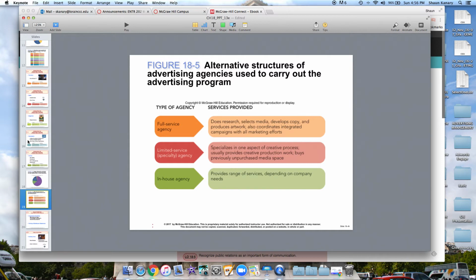Now, these agencies usually concentrate on one area. For instance, Kuno Creative, the agency where I work, is a limited service specialty agency that deals specifically with internet and social media marketing. And then finally, we have in-house agencies who provide a range of services depending on a company's needs.